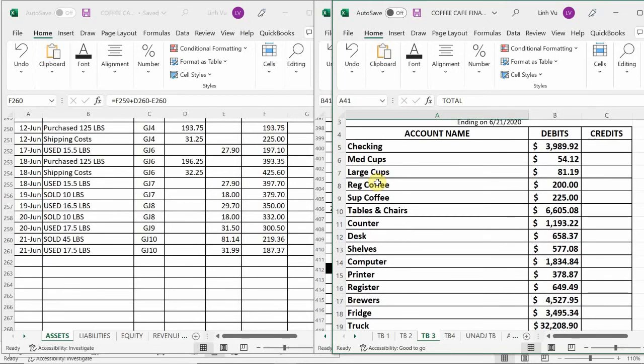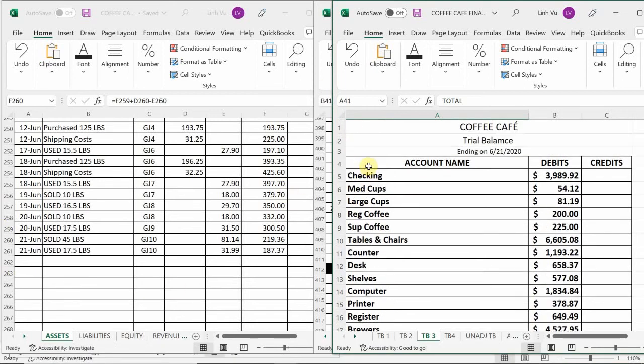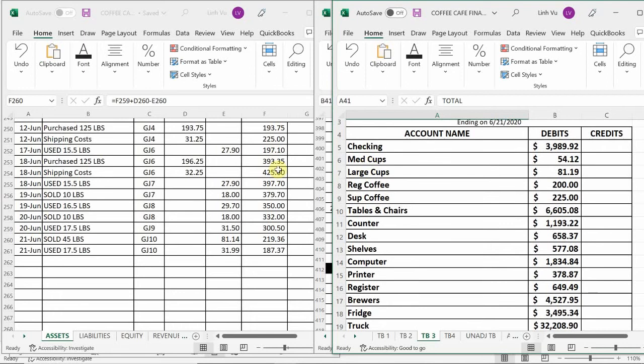And if I use the copy and paste method, a lot of these things might not transfer over. So the best bet and the easiest one is just to make a copy of the entire spreadsheet. Now, if I make changes to this worksheet, my previous worksheet for trial balance number 2 does not get affected.